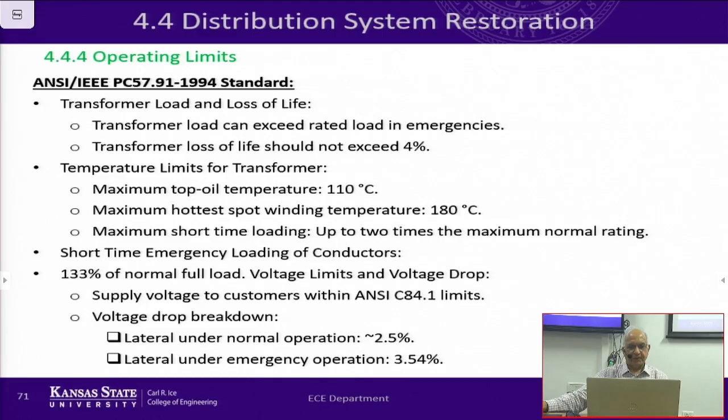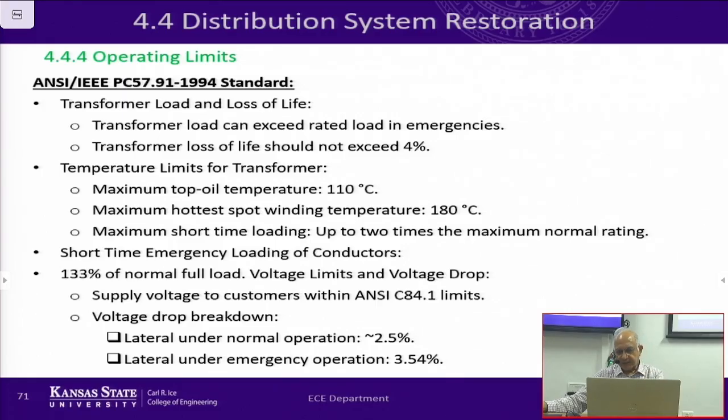Instead of normal operation, where you allow 10%, with 7.5% on the main feeder and 2.5% on the lateral, in an emergency we can allow 3.54% on the lateral, and correspondingly the voltage drop on the main feeder will also be increased.